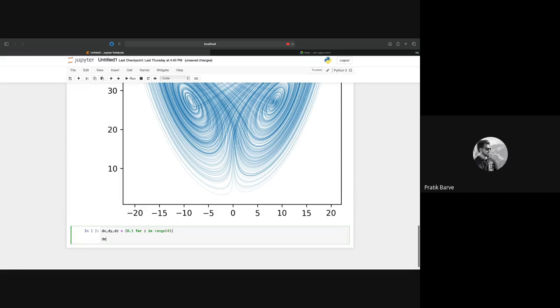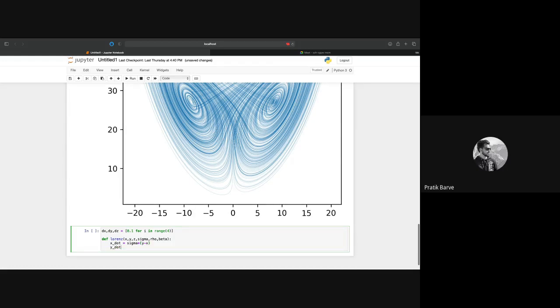I will define a function, Lorenz, which will take values of x, y, z, sigma, rho, and beta. And we'll say for x dot, that is dx by dt, is sigma into y minus x.